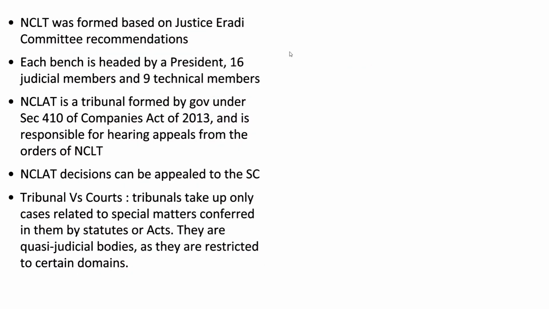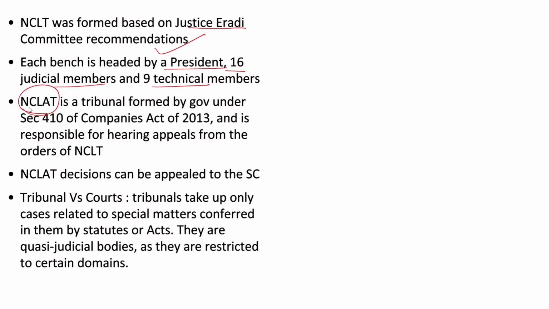Let us now look at what NCLTs are. So the National Company Law Tribunal was formed based on Justice Eradi Committee's recommendations. Each bench in the NCLT is held by a president, 16 judicial and 9 technical members. NCLTs should not be confused with NCLATs.